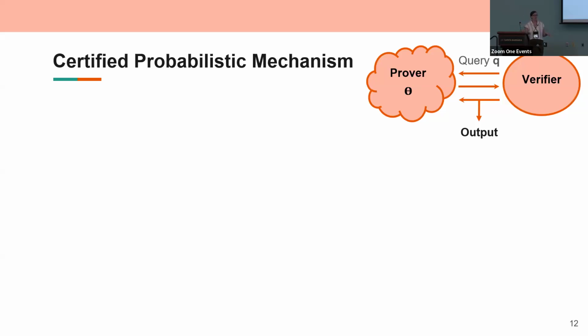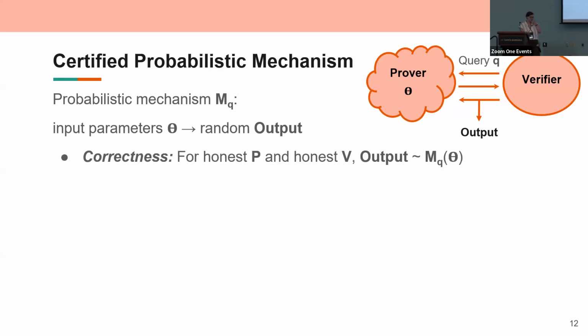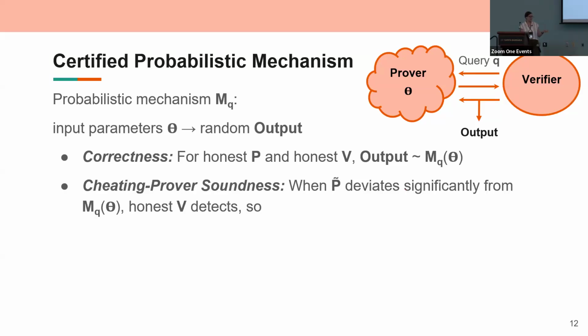So we achieve this guarantee using a new notion that we introduced that's more general, called a certified probabilistic mechanism. We're going to have some probabilistic mechanism which takes input parameters and maps them to a random output. For correctness, we're going to want that this output is distributed according to the agreed upon mechanism. For cheating prover soundness, if the prover deviates significantly from the mechanism, the verifier should detect.